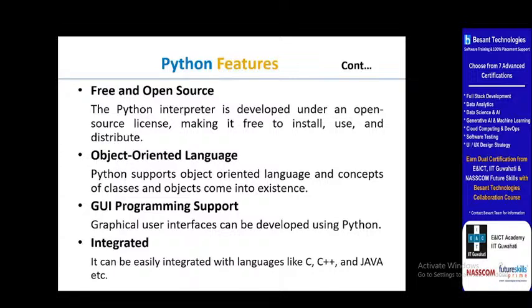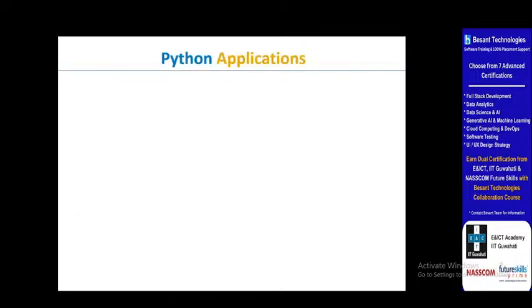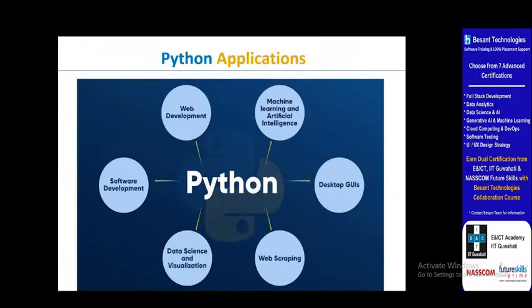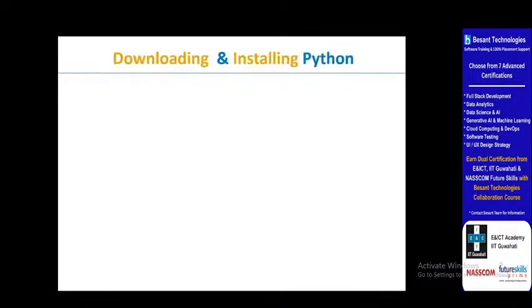So we don't have to depend on any external libraries. As we discussed, we can use it for developing web applications, desktop applications, even operating systems, and it's widely used for artificial intelligence and machine learning and many more. So many applications you can develop using Python.